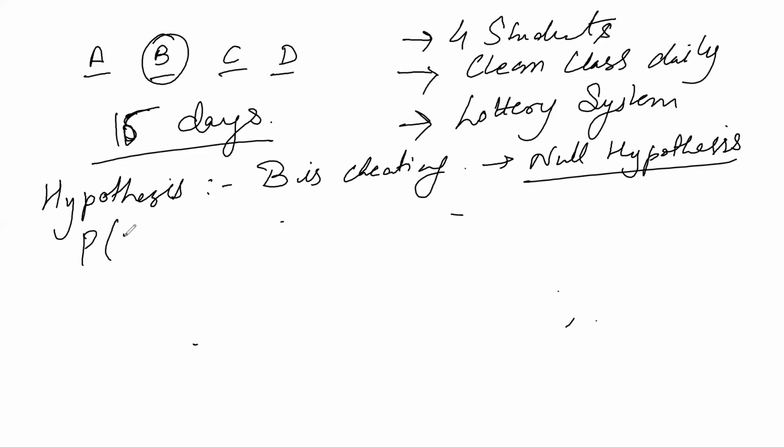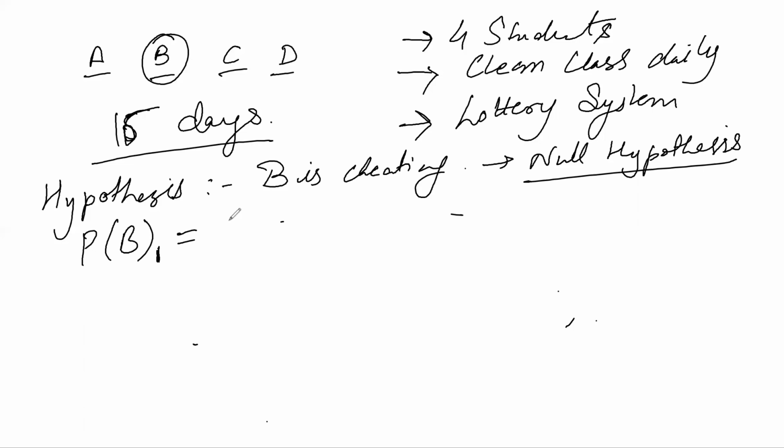So the probability that B is not selected on, let's say, day one. B not selected on day one, so what will be the probability of that? There are 4 people, and out of 4 people, the probability of selecting B is 1 by 4, right?